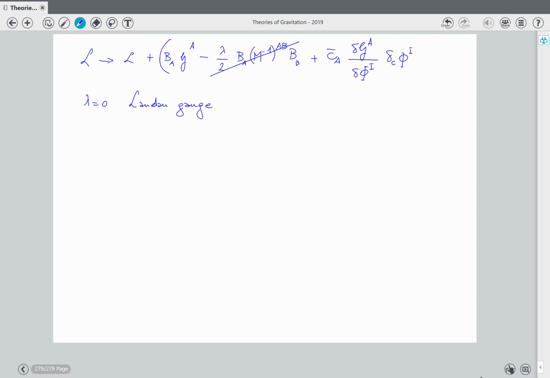And then when you drop that term, the equation for B is the one that tells you that GA should be 0. So the gauge condition, if you can solve it, Landau gauge is very practical.